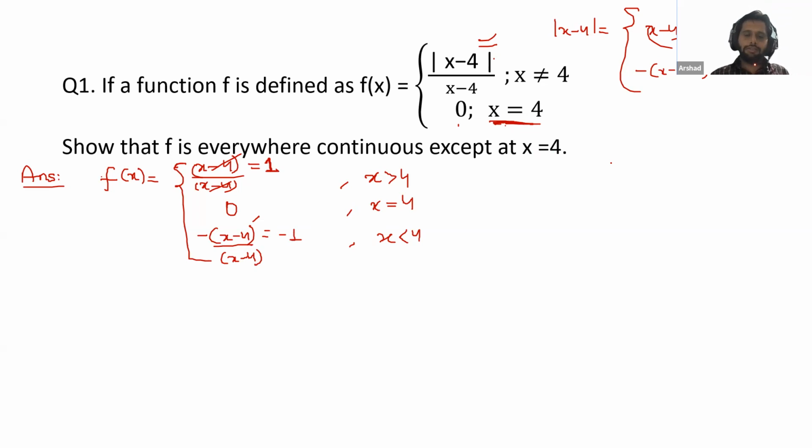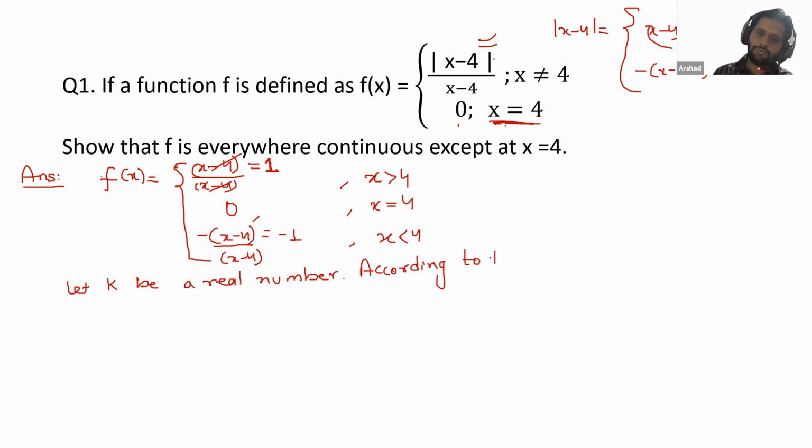Now in this question, what we need to show is that it is continuous everywhere except at 4. First of all, please check the steps. Steps are very, very important here. If you understand a single question, then you can do the rest on your own. Let k be a real number.